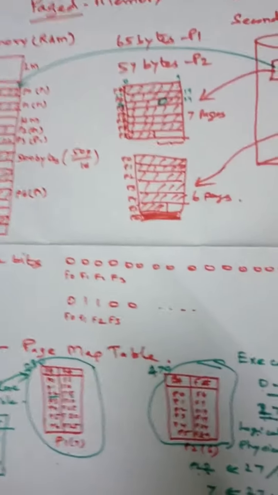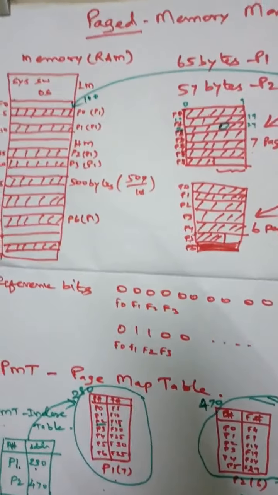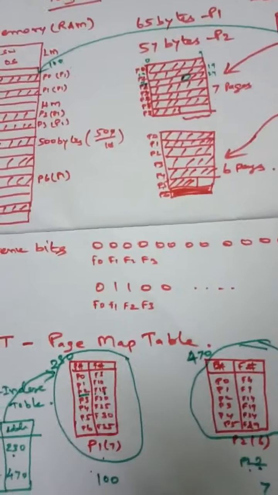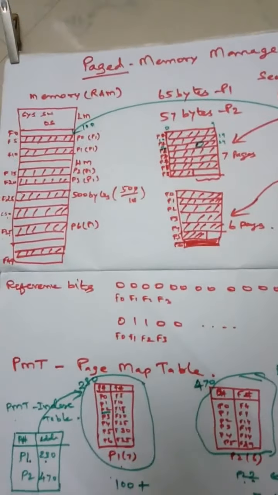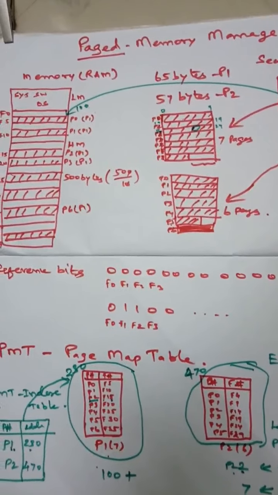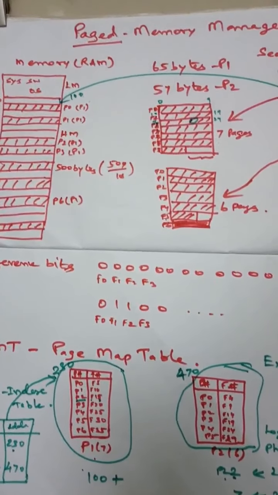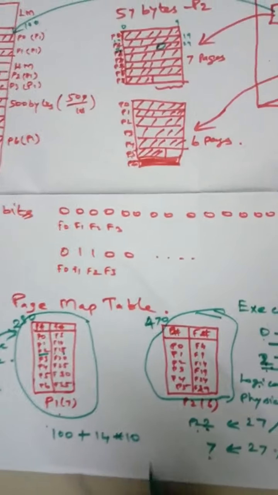How does it come to frame 15? The user memory area starts at location 100. The frame 15 starts at the end of the 14th frame, and the frame size is 10.